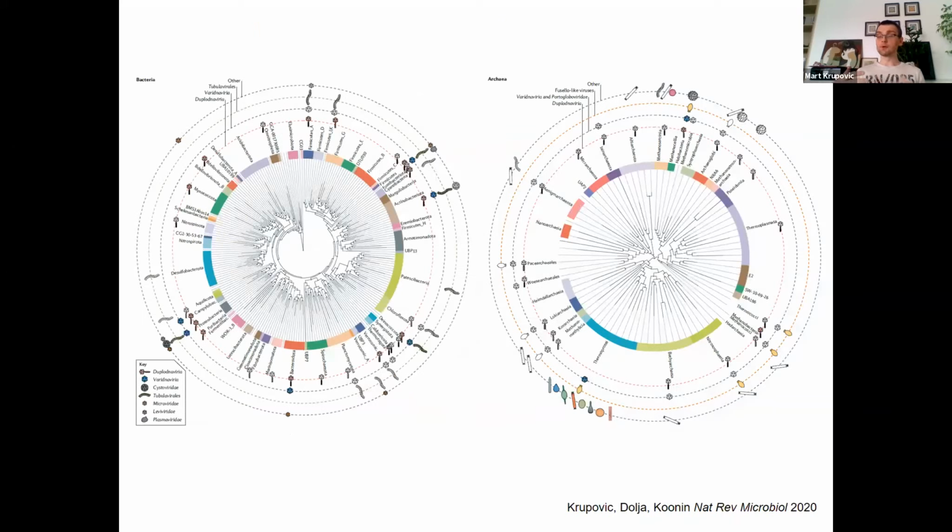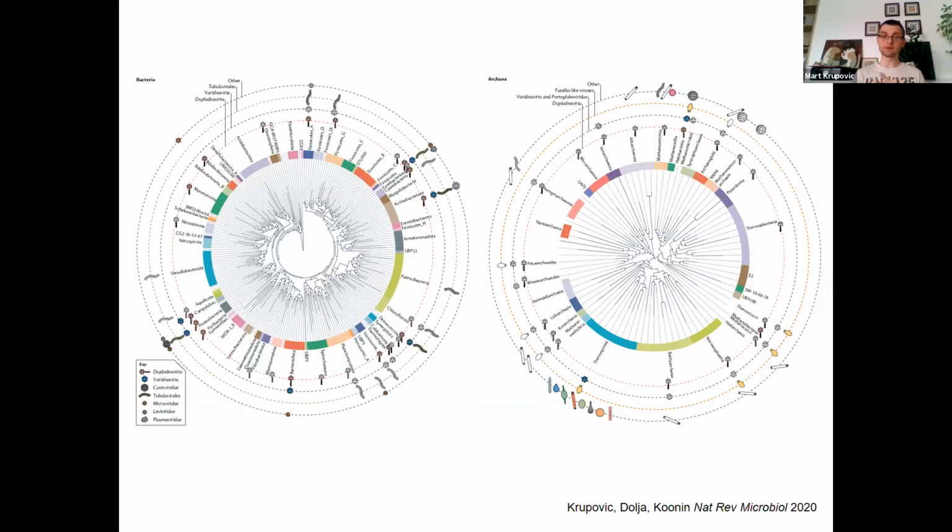Now, we can map all this diversity of different groups of viruses onto bacterial and archaeal phylogenies, and then try to infer what kind of viruses were associated with the last bacterial common ancestor, archaeal common ancestor, and all the way down to the last universal cellular ancestor.